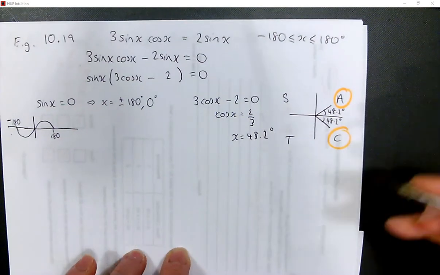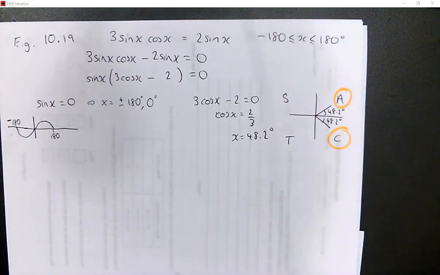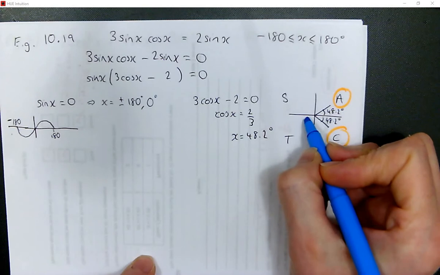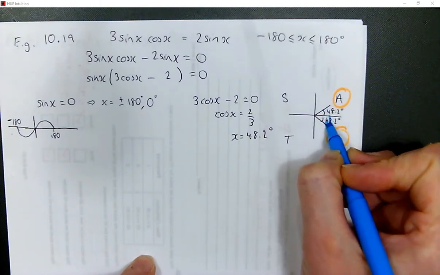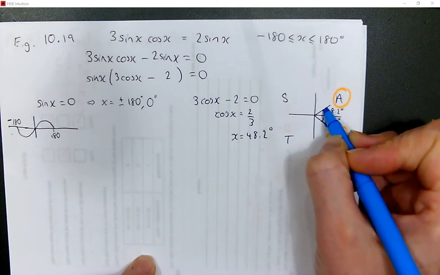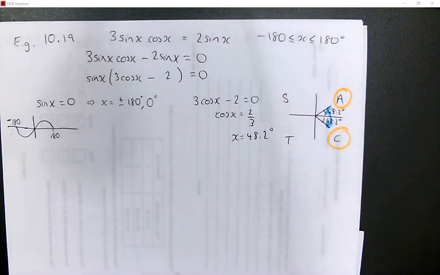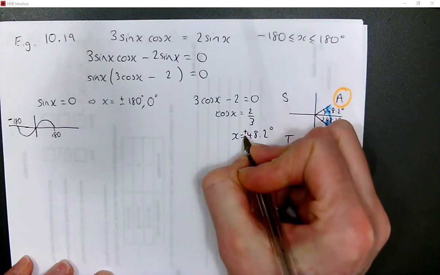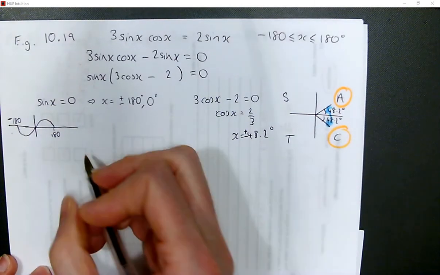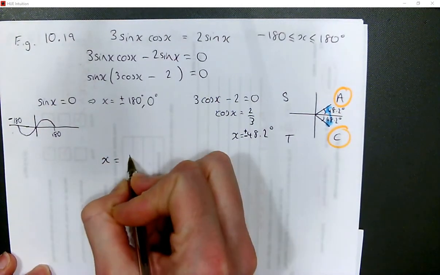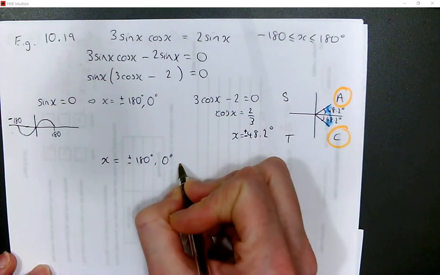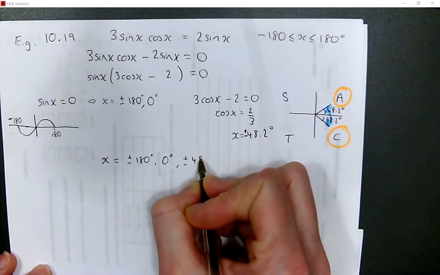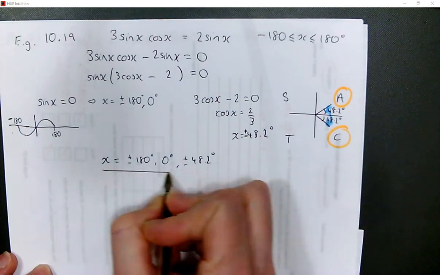If we're going from negative 180 all the way to 180, then we have simply got negative 48.2 and positive 48.2. So the full set of solutions is x is plus or minus 180, 0, and plus or minus 48.2 degrees.